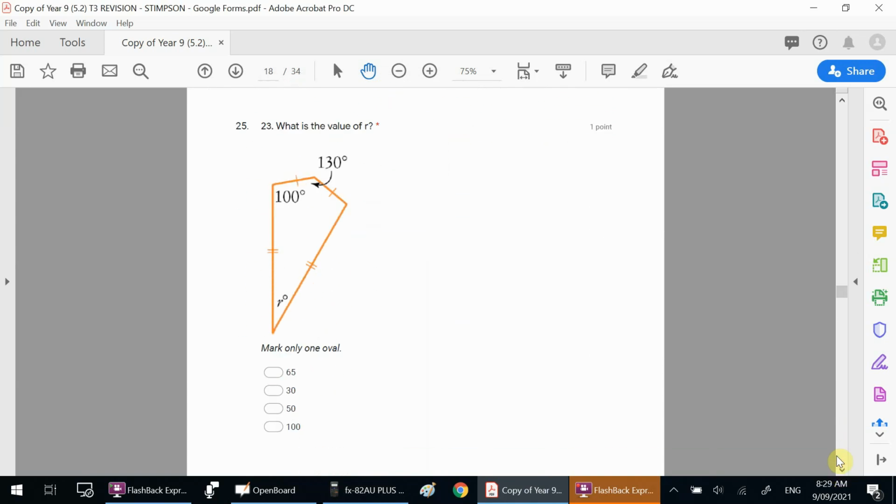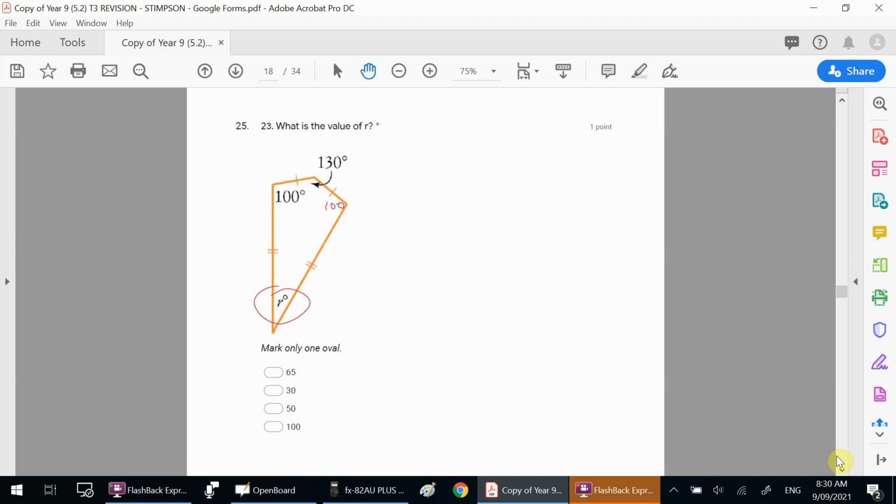Okay, a kite. Value of R down here, where we've got a 4-sided figure, so the angle sum is 360. We've got these 2 sides of the same length, and so are these as each other. So this angle over here is 100. Those two, that's the feature of the kite.